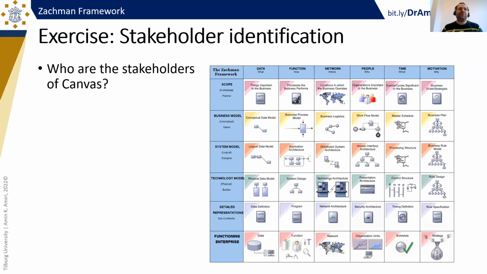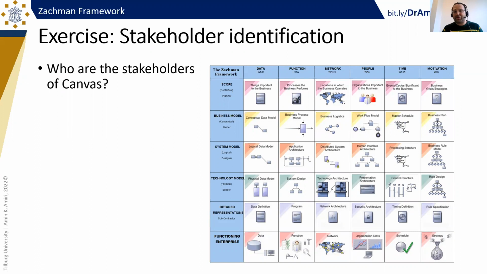So if you tell me what kind of data Canvas works with, my answer would be different from a technician's point of view, or an engineer's, or the architect's, or the board's point of view. Each of us will provide different definitions.